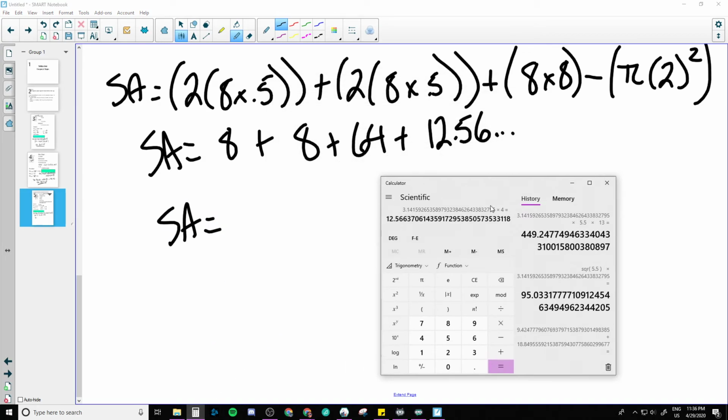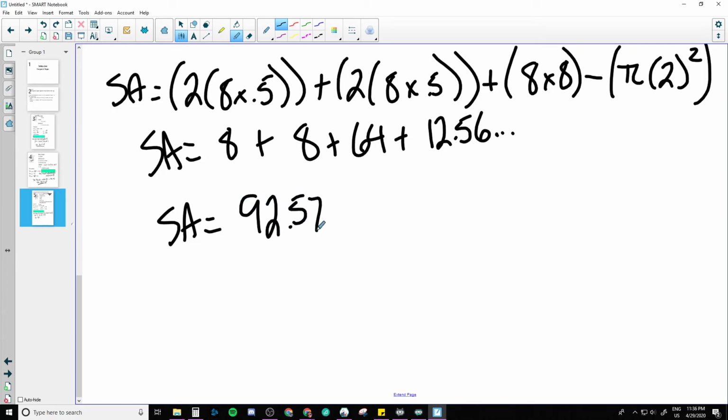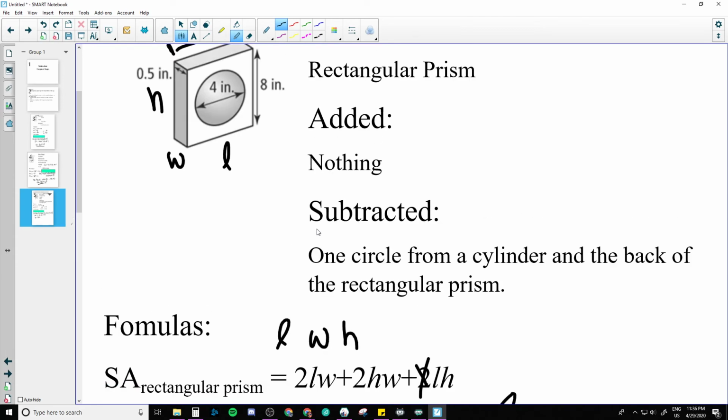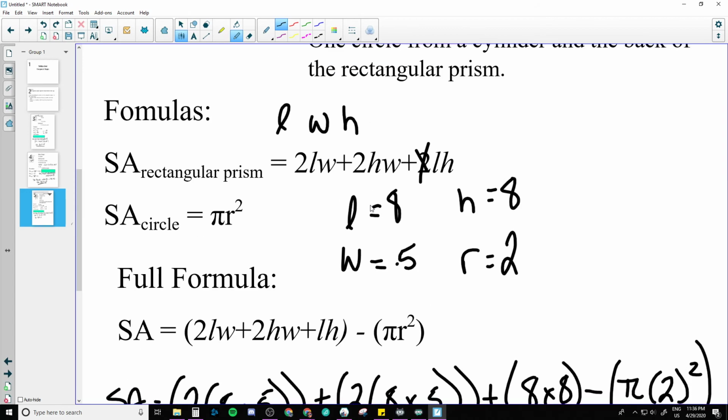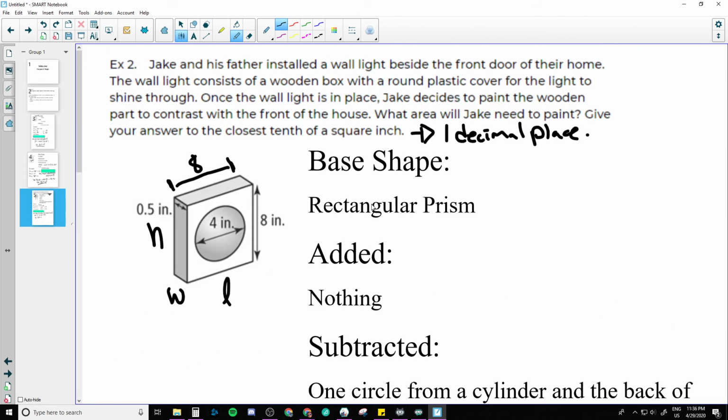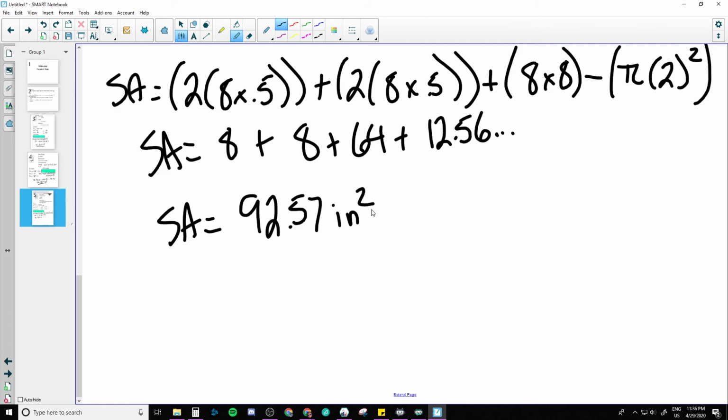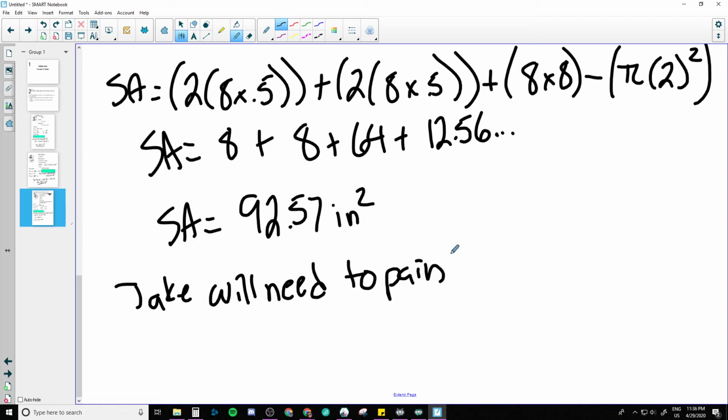So 12.56 plus 64 plus 8 plus 8. That gives us 92.57. And this is in square inches. And what's this kid's name again? Jake. So Jake will need to paint 92.57 square inches of wood.